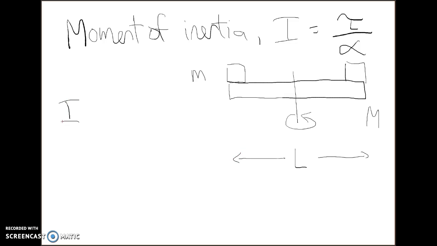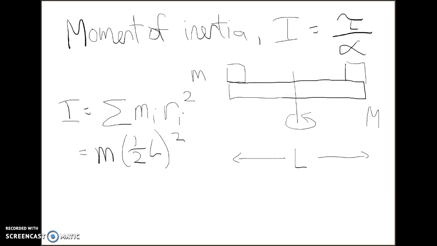So in this case, the moment of inertia is going to be simply the sum of each little piece of mass times how far away it is from the center of rotation squared. So let's do that now. This will be little m times half of L squared plus big M times half of L squared.